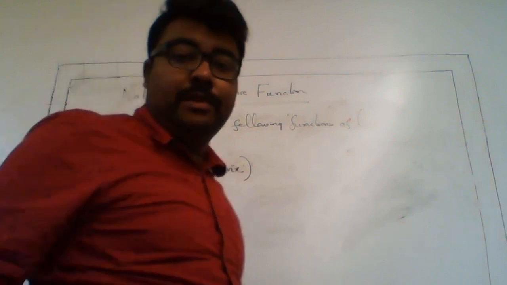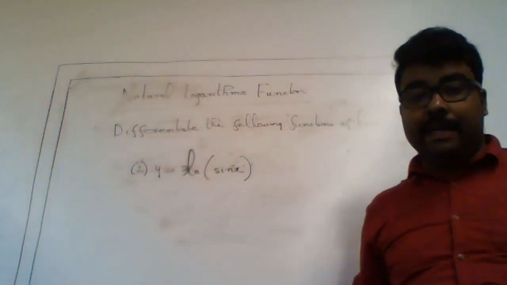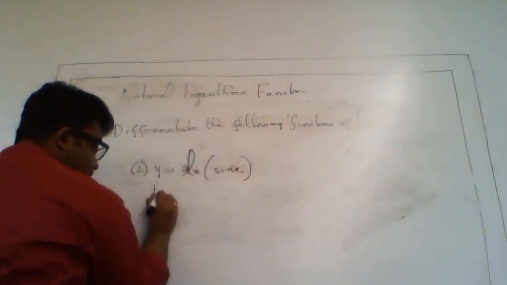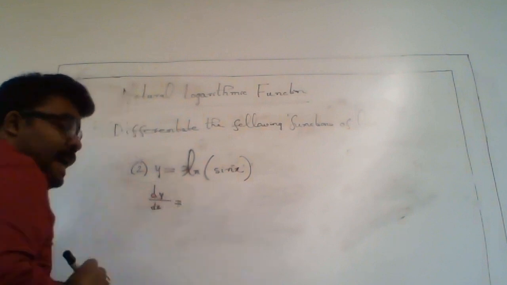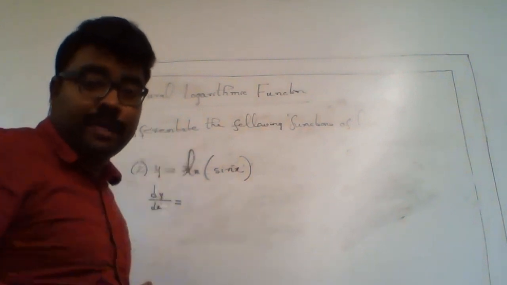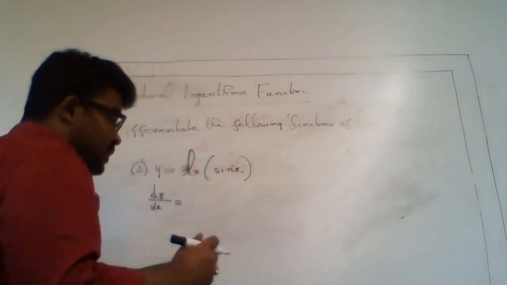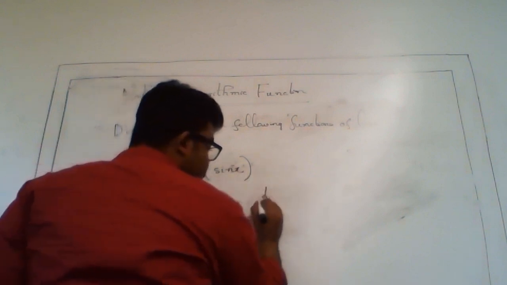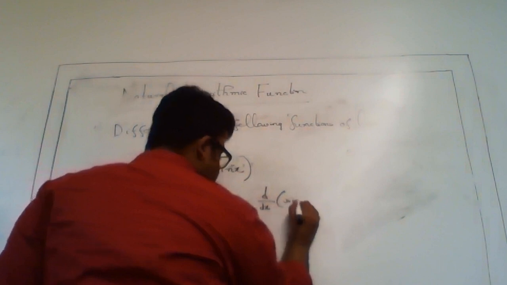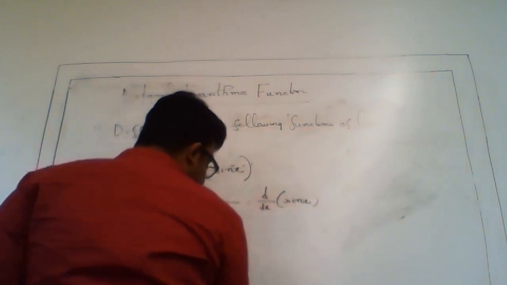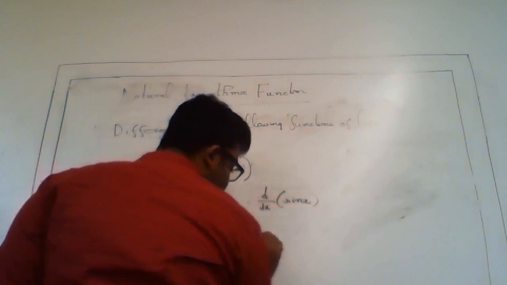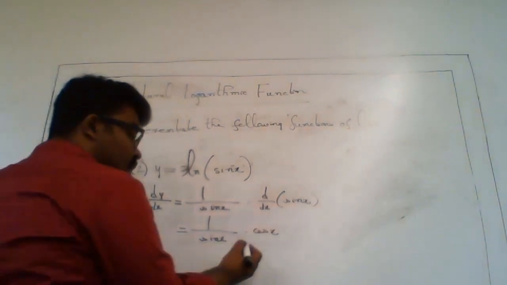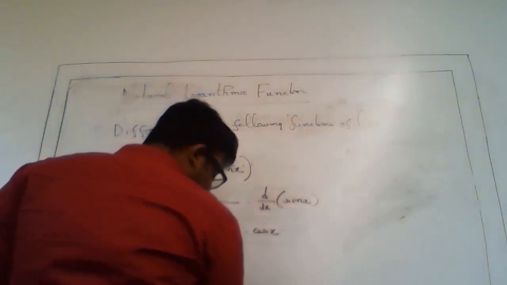So how do you find the derivative of this? Here the outer function is ln x, right, and the inner function is sin x. So dy/dx is the derivative of outer function at inner function. The derivative of ln x is 1 over x, but we have to evaluate it at the inner function. So it will be 1 over sin x times the derivative of the inner function, that is d/dx of sin x. So it will be 1 over sin x times cos x, right? And you all know the value of cos x by sin x. It is cot x.